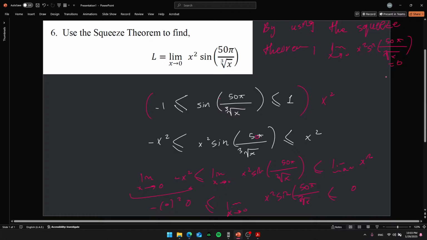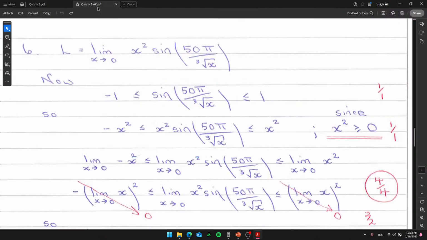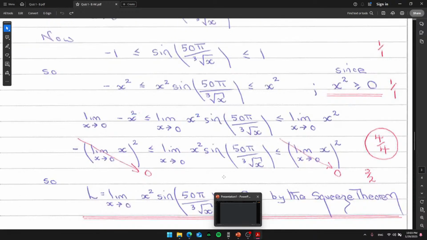Okay, you have to write this at the end. Let's see his answer. Yeah, 0 by using the squeeze theorem. So yeah.